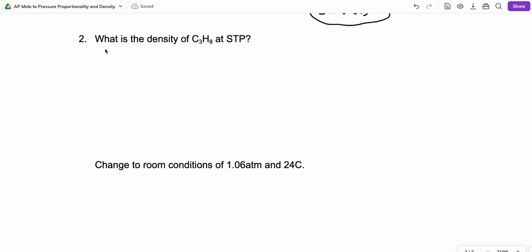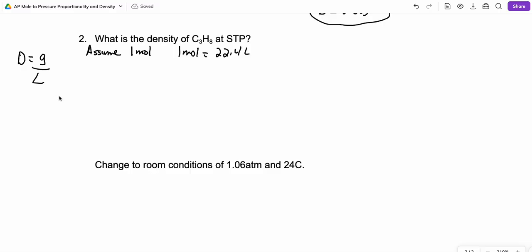Okay, what is the density of C3H8? Okay, that's propane. So remember, density equals mass over volume, so it's going to be the grams over the liters. So we're going to assume 1 mole. And 1 mole at STP equals 22.4 liters.